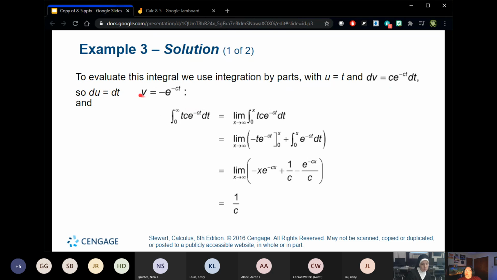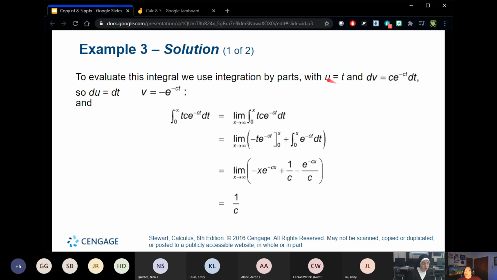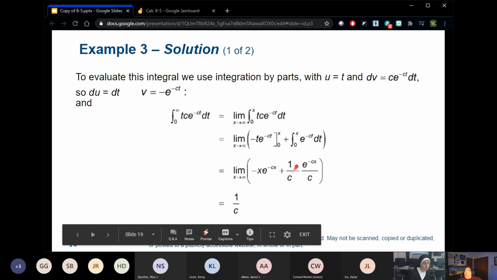So du is dt, and v is negative e to the negative ct, because the c's end up canceling each other out. So I plug in and do my integration by parts. It's uv, so I get negative t e to the negative ct, and the integral of v du, which comes out to be 1 over c minus e to the negative cx over c when I do that integration.